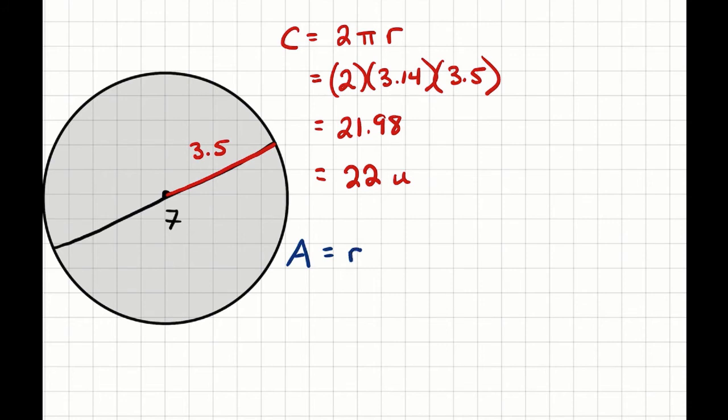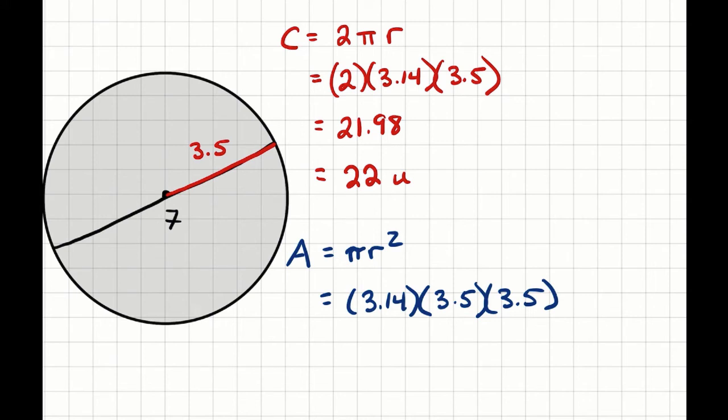Area, capital A, equals pi r squared, is going to equal pi, which I should just make 3.14, times 3.5 times 3.5.